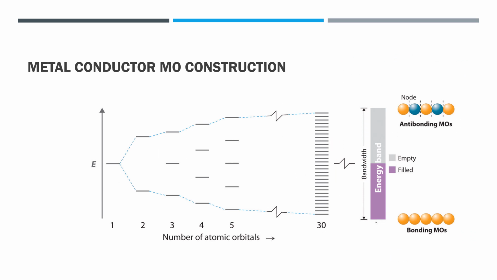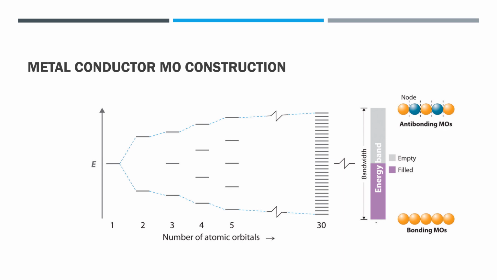Alright, so this image is a really similar way of showing what I was trying to show on the previous slide. Here we have the energy level on the y-axis, and this is basically how we construct the MOs for a metallic conductor. On the x-axis, we have the molecular orbitals for different numbers of atomic orbitals that combine together.